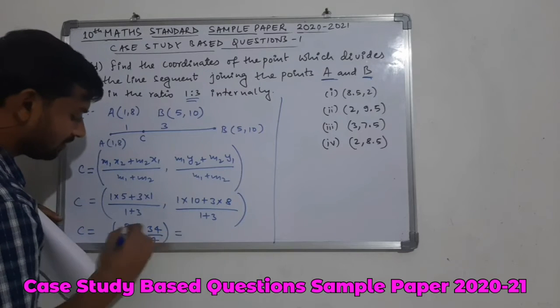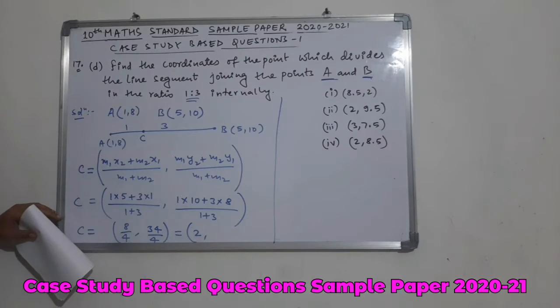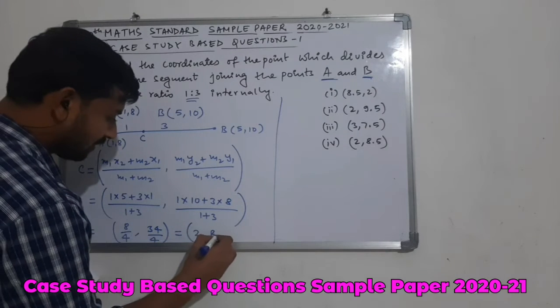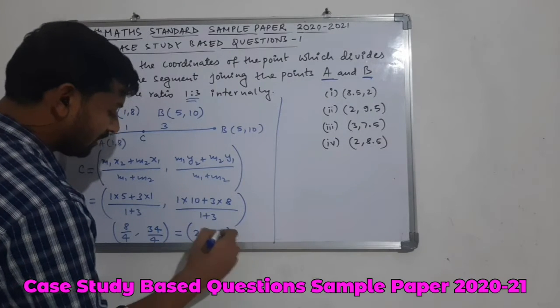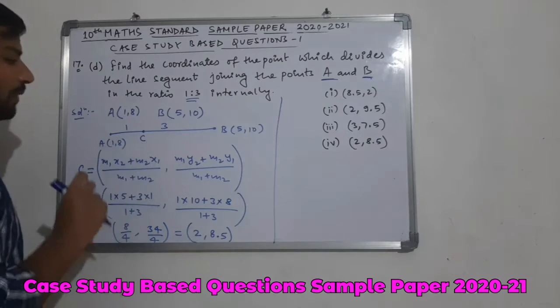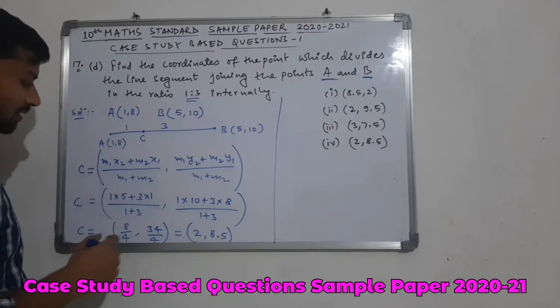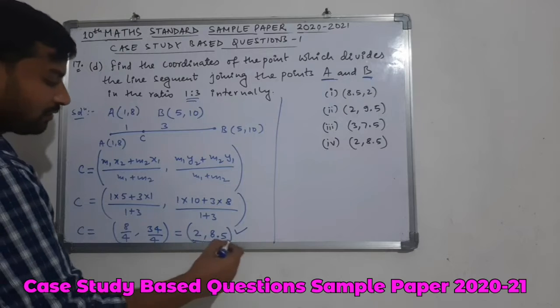So the first coordinate is coming out to be 2, and the second is, if we divide 34 by 4, 8.5. So the coordinates of this point C, which divides the points A and B using the section formula in the ratio 1:3, is coming out to be 2, 8.5.